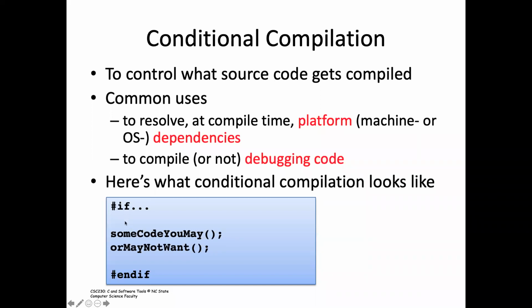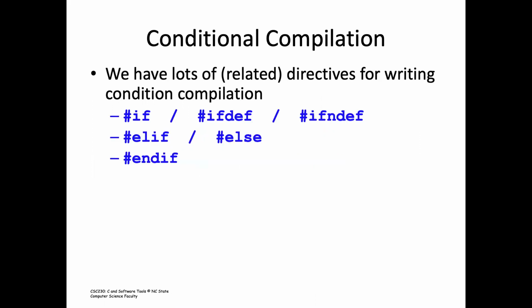So the lines in between these two preprocessor directives may get left in or not based on what condition you put after this if. So here I'm showing two directives, if and endif, that mark the start or end of a block of conditionally compiled code.